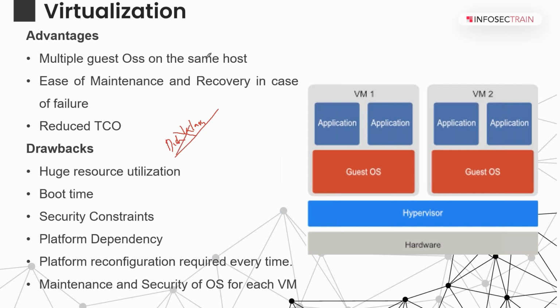No. In the same way, we have a more convenient version of virtualization called containerization. It's not a replacement for virtualization, but we can do many things on containerization which can be done by virtualization as well. First I can tell you some advantages of virtualization, and now I am going to talk about some drawbacks of virtualization as well.